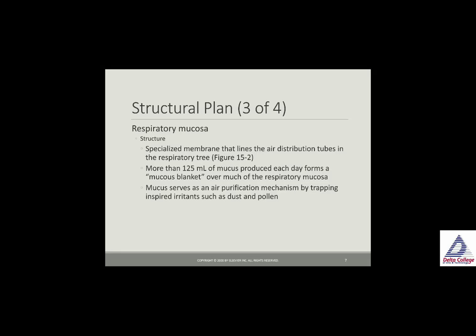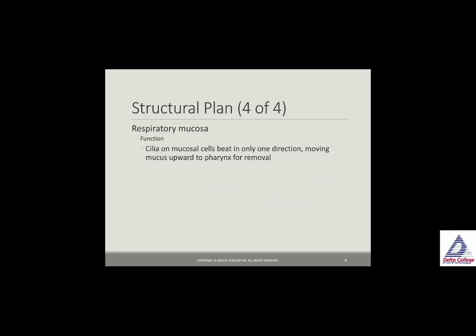If it gets down in there, the cilia help beat the mucus to trap and push it out of our lungs. Again, the cilia on the mucosal cells beat only in one direction, which is up towards the pharynx for removal.